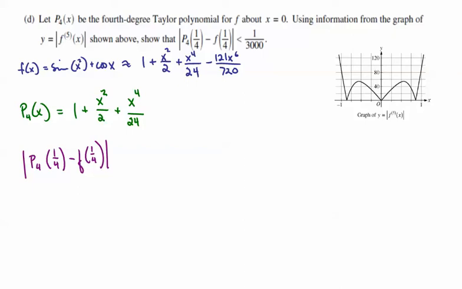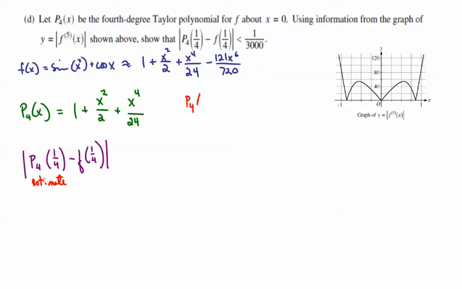So in this case, p sub 4 of 1/4 is the estimate of using p sub 4 to evaluate f of x when x is 1/4. So let me write that up here.